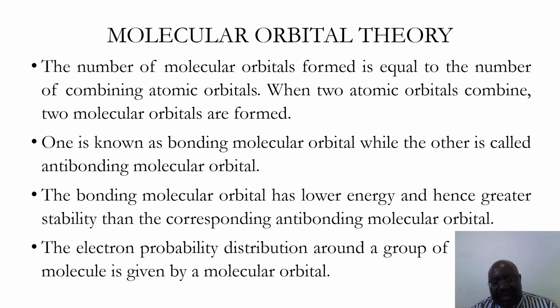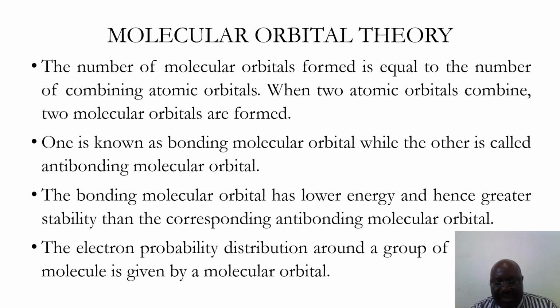Therefore, the bonding molecular orbital is formed when the atomic orbitals are in phase. When they are out of phase, what is formed is an anti-bonding molecular orbital. The bonding molecular orbital has lower energy and hence greater stability than the corresponding anti-bonding molecular orbital.